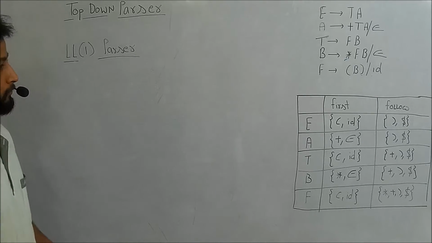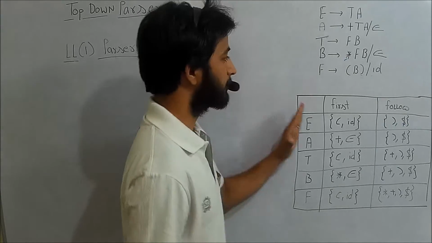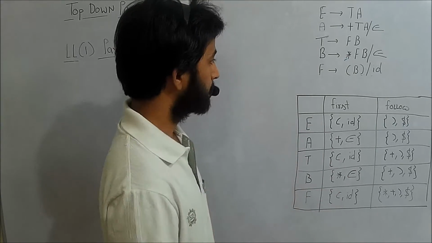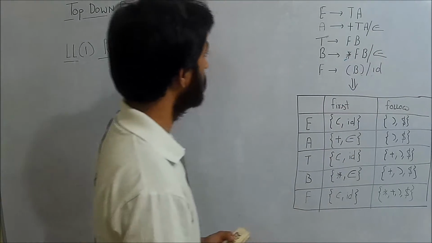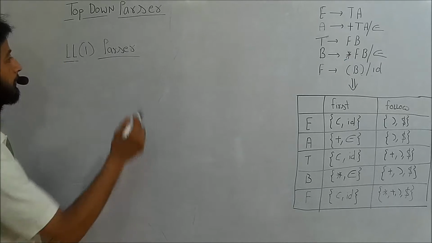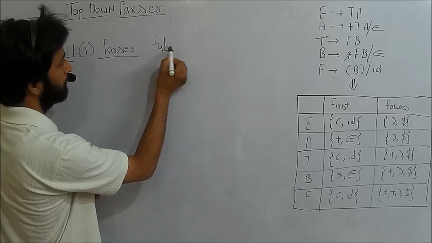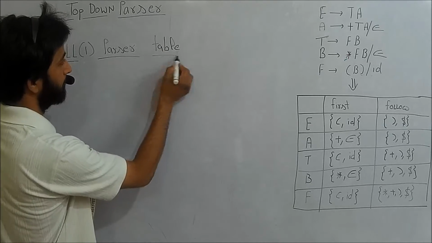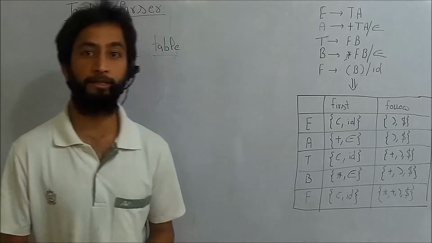In the previous video we discussed a grammar and found the first and follow for that grammar. So this is the first and follow table for the given grammar. With the help of this first and follow, we will design an LL1 parsing table, and this table is used to make decisions.